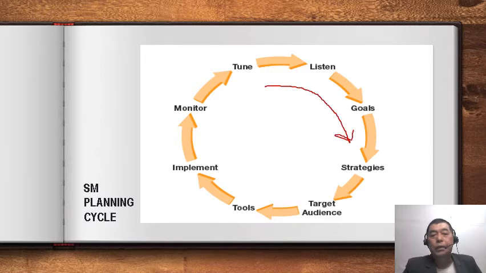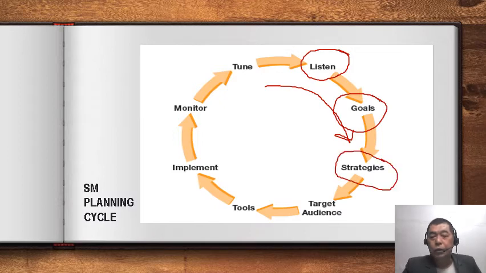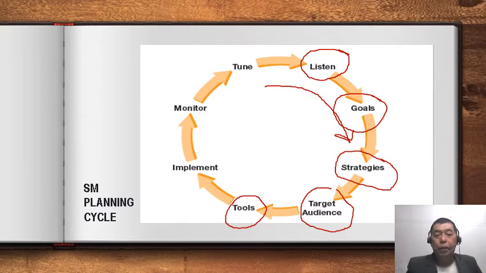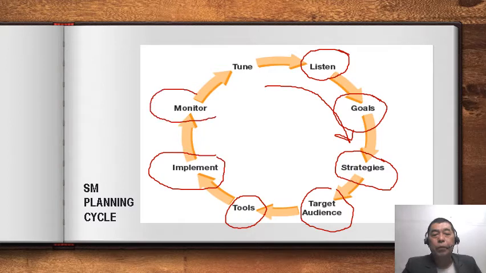We start with listening, and then we set up goals, and then we strategize based on the goals and who is our target audience, and what are the tools and methodologies or resources we have to integrate so that we can implement the plan. So this is the implementation, the evaluation, and fine tuning or the continuous development.